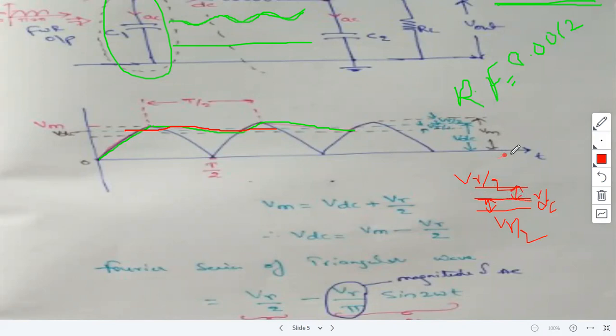There is some small change here, that will be VR. The total amplitude is VR. Above VDC is VR by 2, and below VDC is also VR by 2.